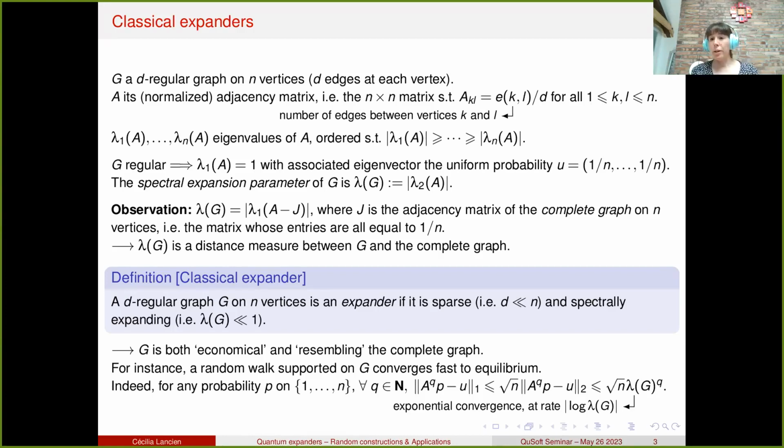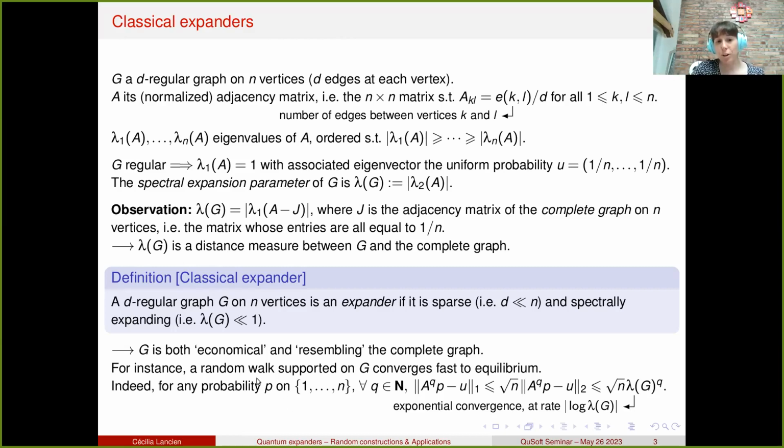Why is it interesting? If you have an expander graph, one property it will exhibit is fast mixing. If you have a random walk supported on your graph G, it will converge very fast to equilibrium, despite the fact that your graph is very sparse.